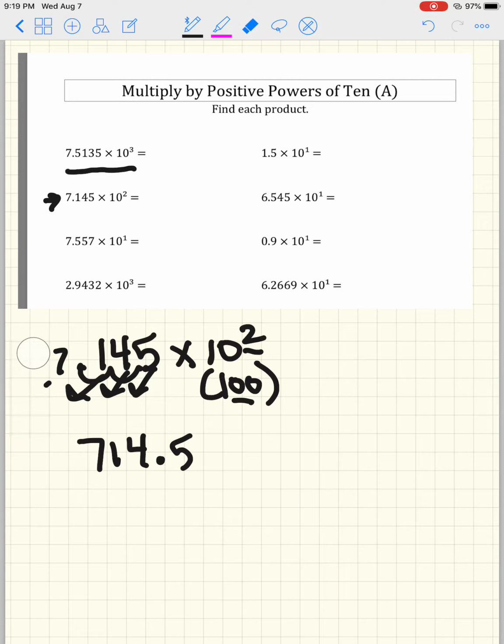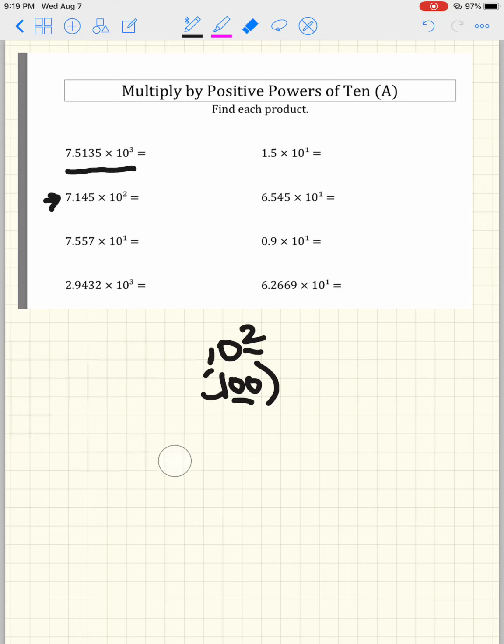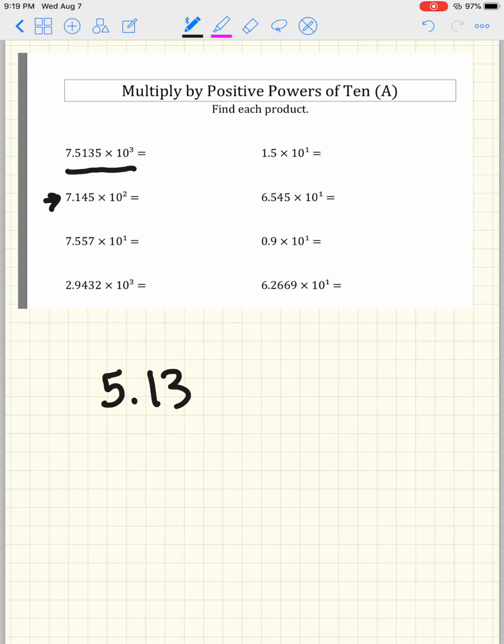So that is multiplying. And you can always double check your work by remembering, okay, I'm multiplying, so my numbers are getting bigger. Let's say I have a division problem and I'm dividing by a power of 10. I'm dividing by 10 to the, we'll just do to the first power.